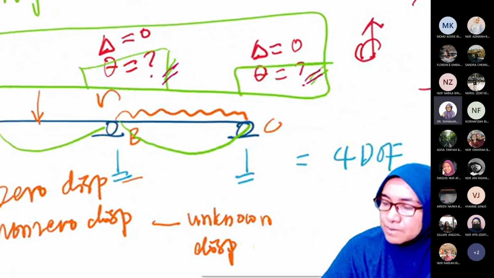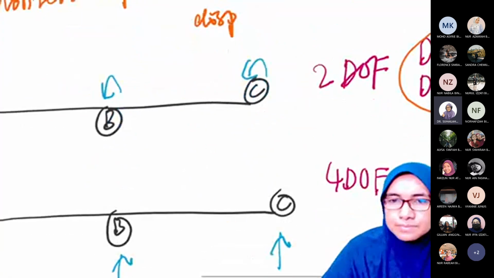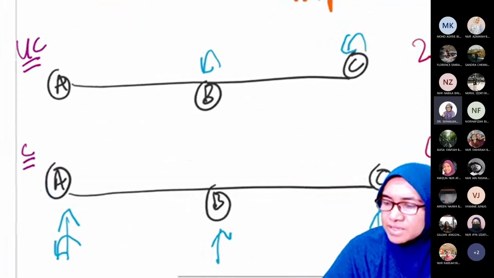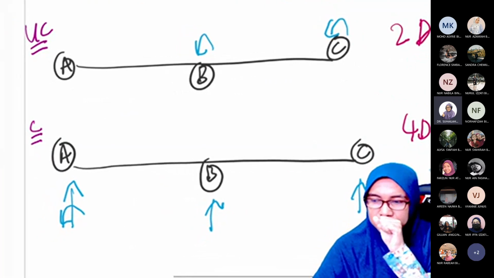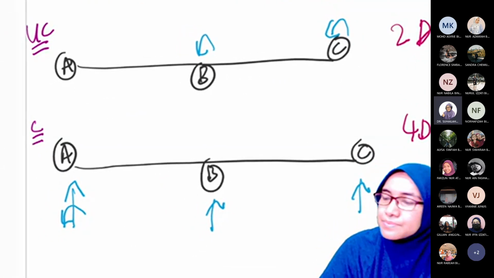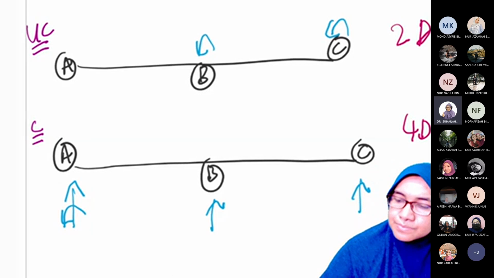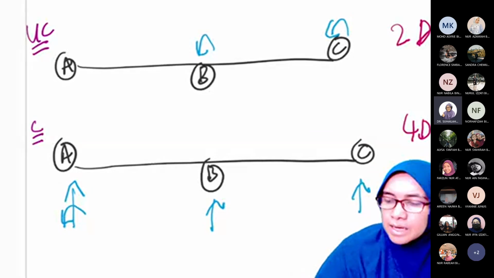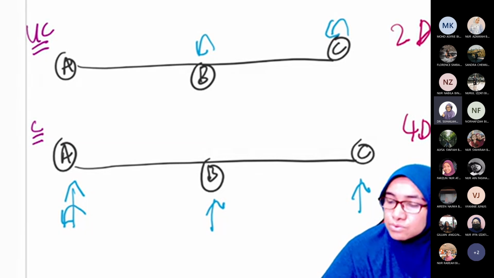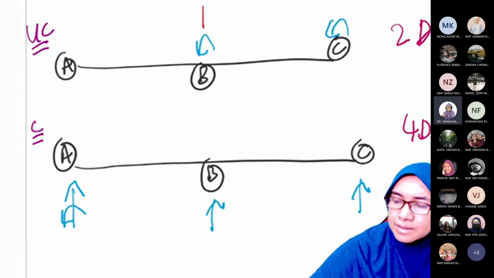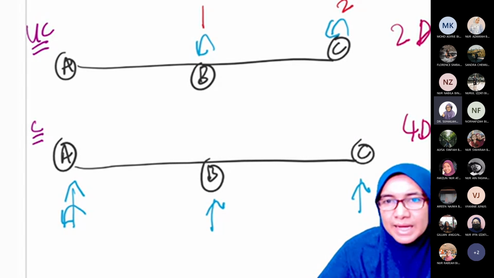For example, let's go back to this. Earlier we had not labeled it yet. Now we have 6 degrees of freedom and we have not labeled them. In the unconstrained system we have 2 degrees of freedom labeled as 1 and 2, and we have the remaining 4.